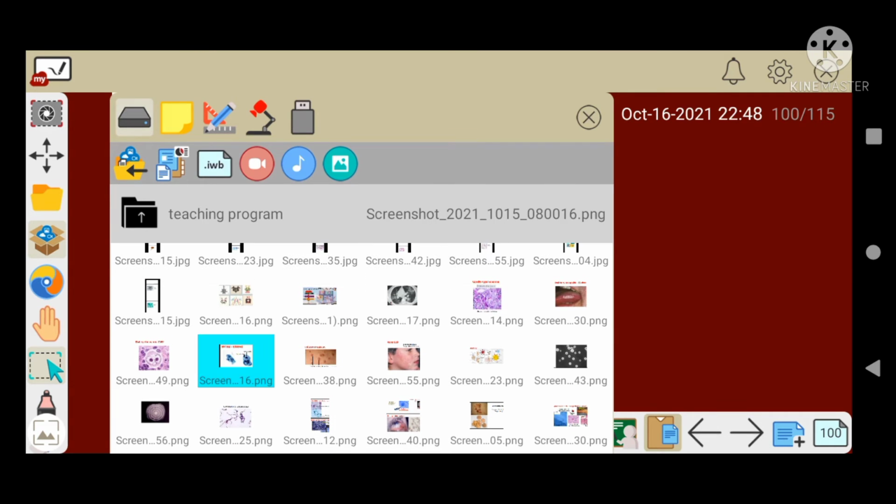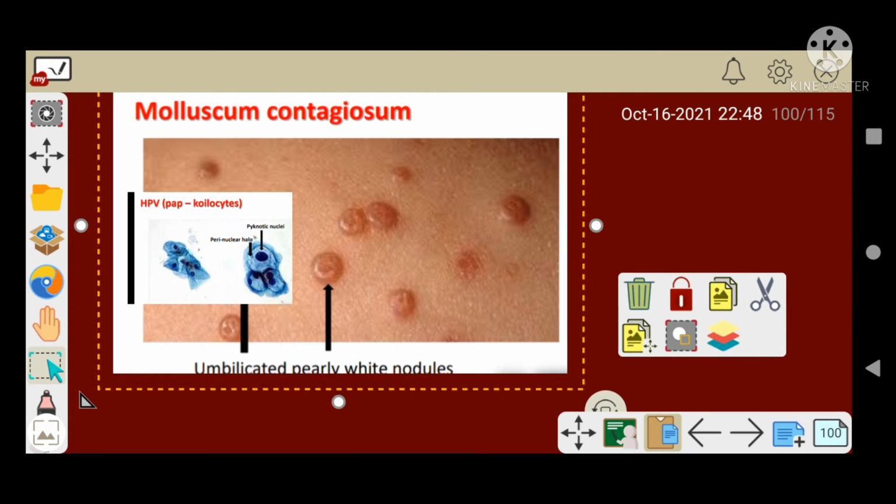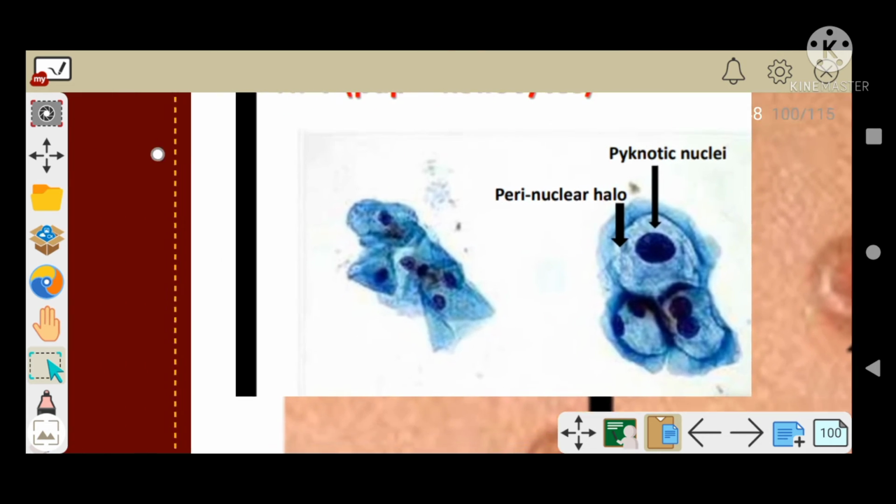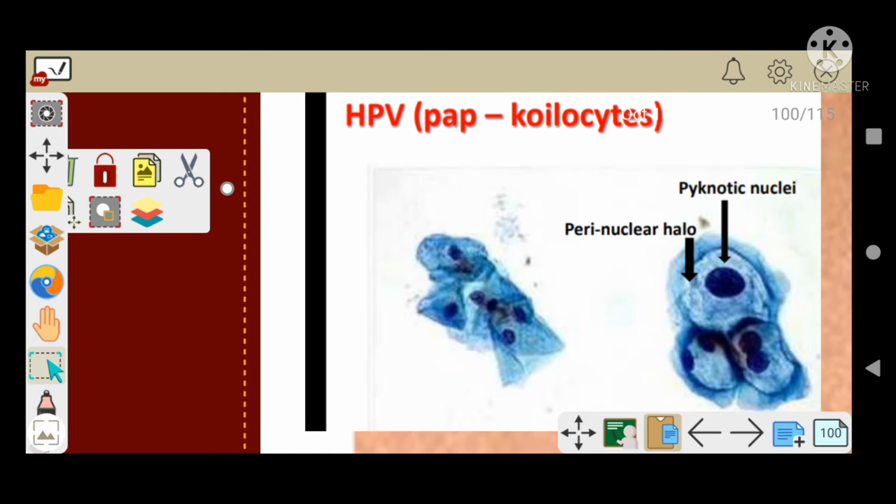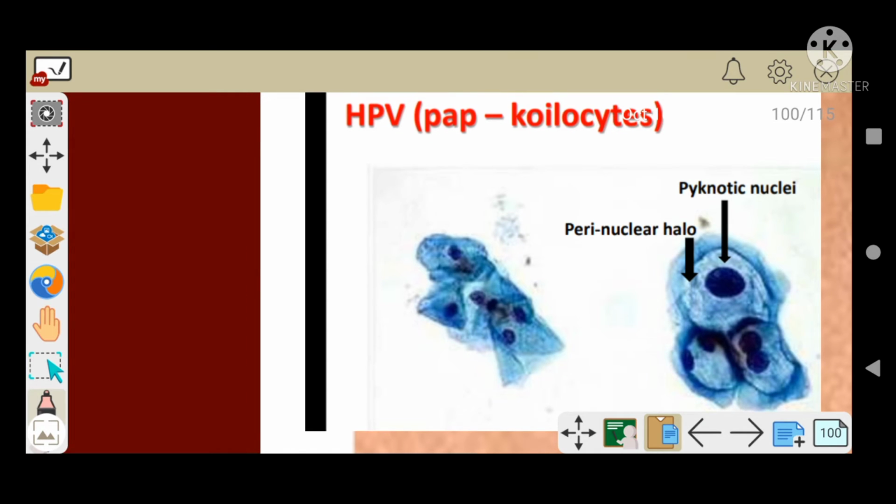not twice. Okay, now this one is your human papilloma virus showing koilocytes. See, koilocytes, how will you identify? See, first of all, this is your vaginal epithelial cell, correct? Now HPV will show a perinuclear halo, correct?